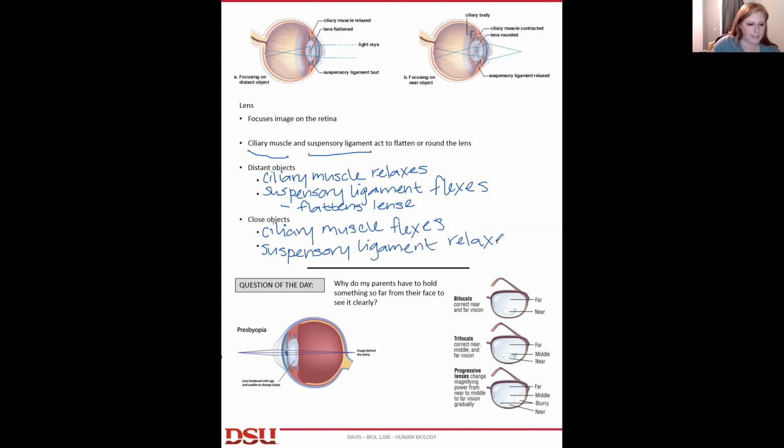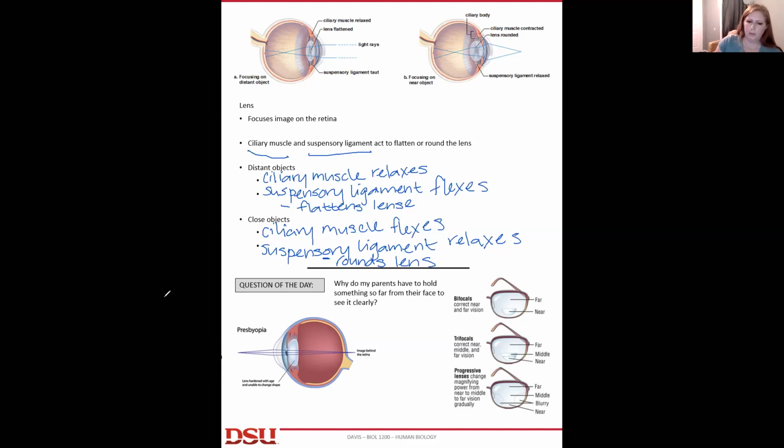And as it relaxes, this allows the lens to become rounded. So those are the mechanical parts of the eye that function to help us adjust.